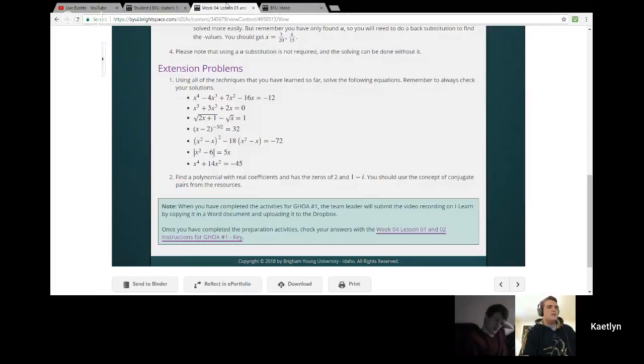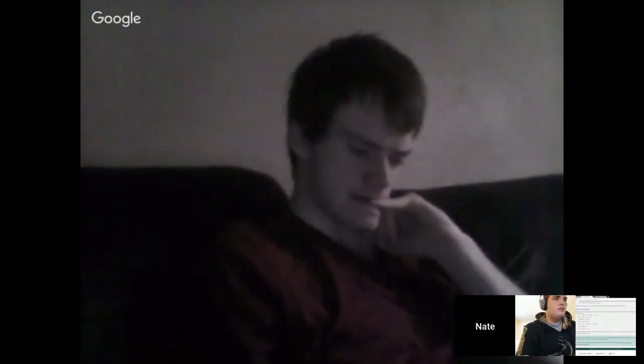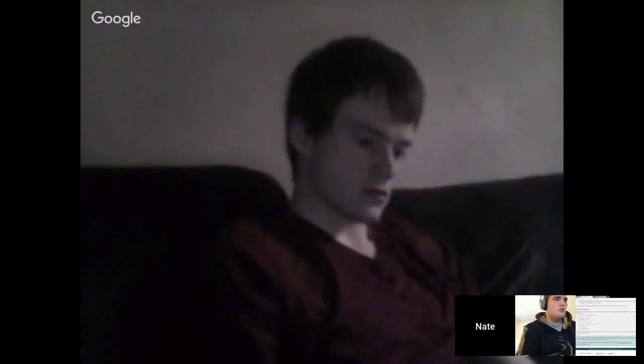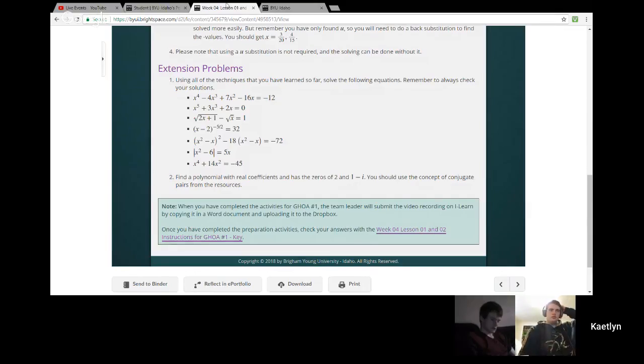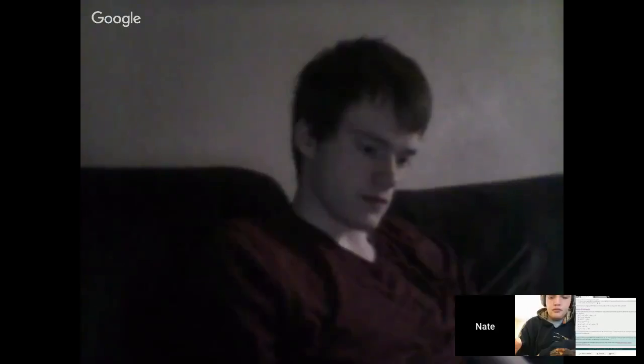Trying to think. What if we subtracted the 1 over and set it equal to 4? That would work. 2x minus 3x minus 1 equals 0. So basically you're squaring all of them.